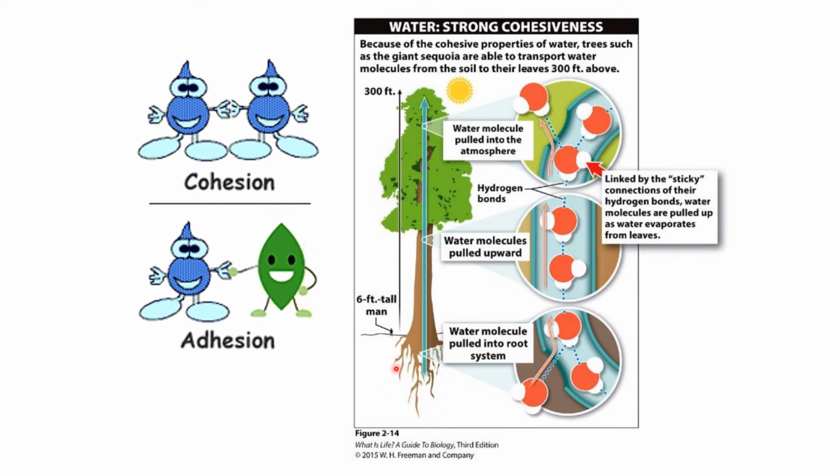So the water within the roots binds to one another via cohesion, and it also sticks to the inside surfaces of the tree, and they pull themselves upwards until they reach the very top. That shows you the importance of cohesion and adhesion.